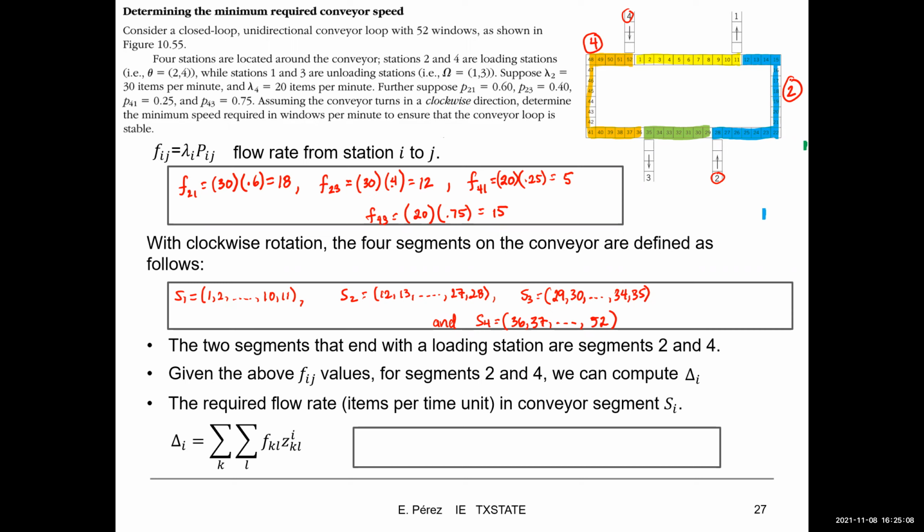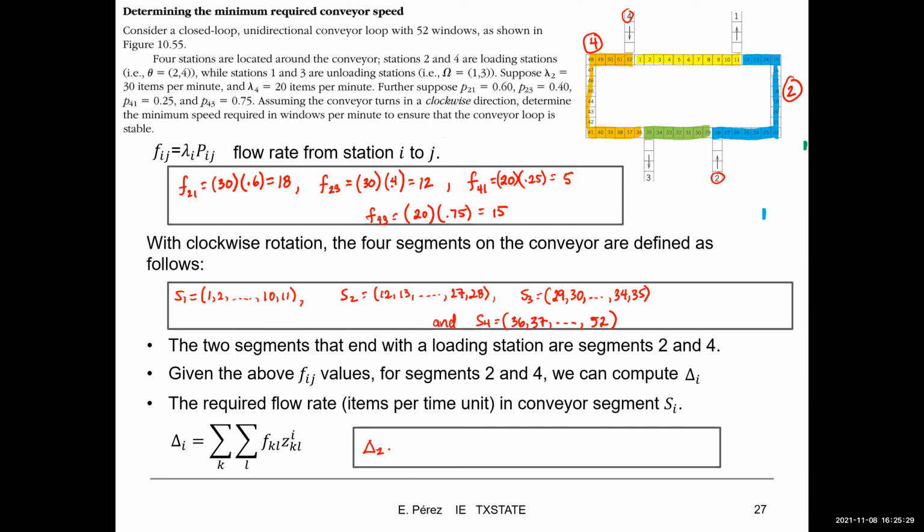So delta 2 is going to be equal to the summations for all K's and L's of FKL times ZKL.